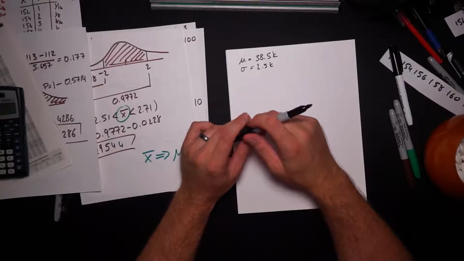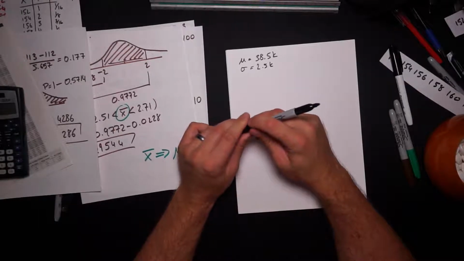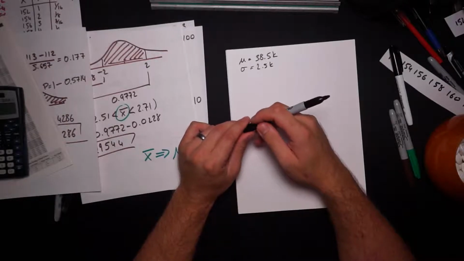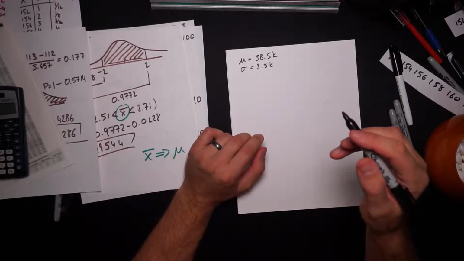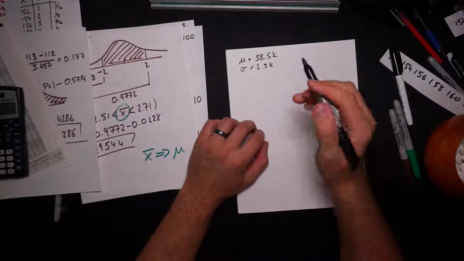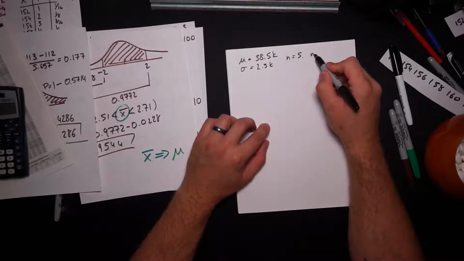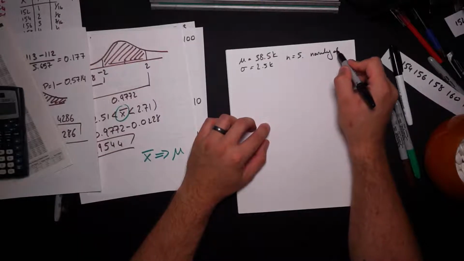Find the probability that a sample will be less than, assume this. Okay, so we have normal distribution. Oh, here it is. 5 such tires are tested, so n equals 5, and it's normally distributed.